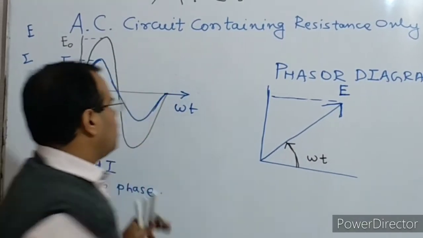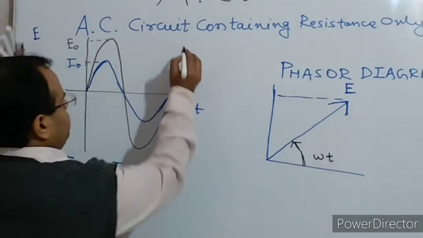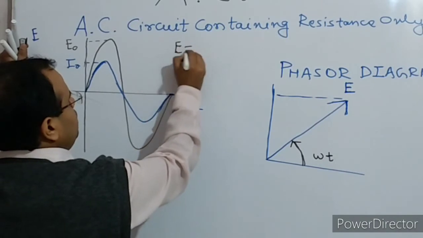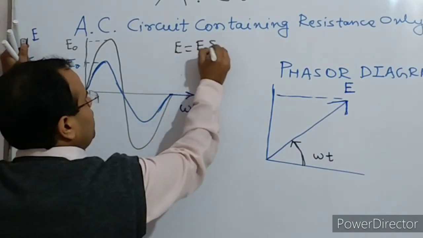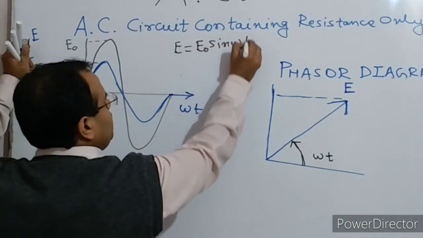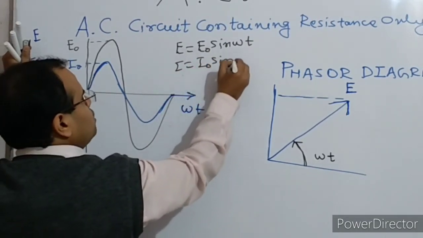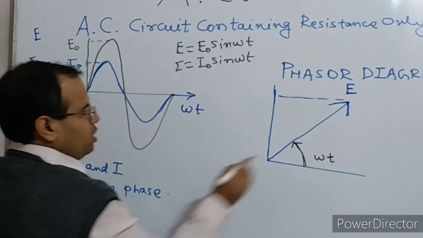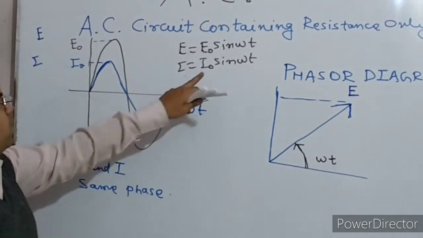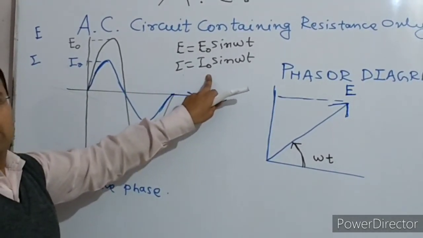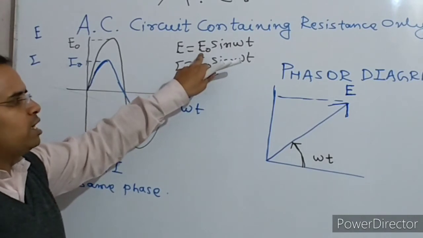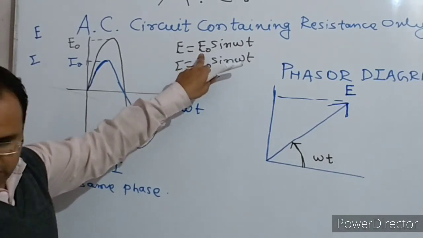As far as the current is concerned, as we discussed, E is equal to E naught sine omega t, and I is equal to I naught sine omega t. So the angle would be the same, but the peak value of alternating current would be somewhat lesser than the peak value of EMF.